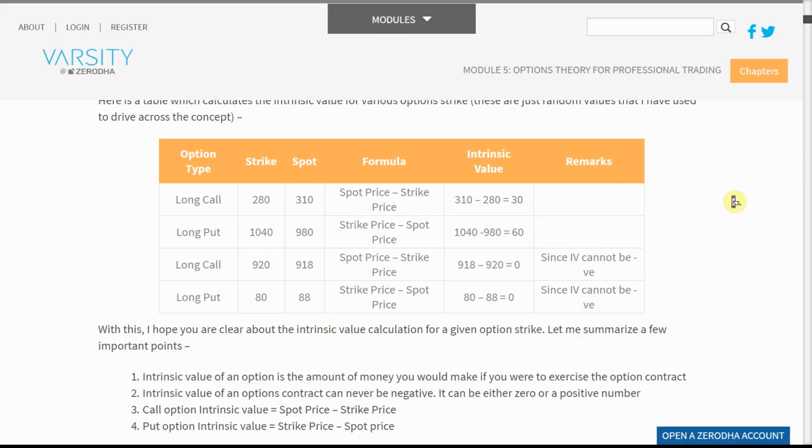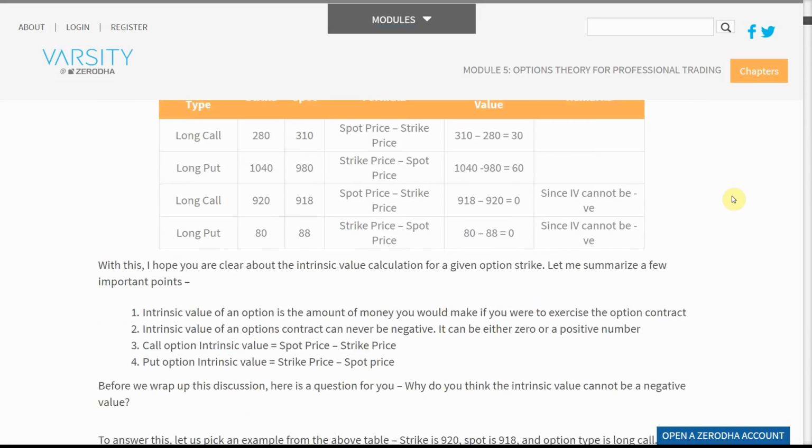Long put, 1040, 980, strike price minus spot price, 1040 minus 980 equals 60. Long call, 920, 918, spot price minus strike price, 918 minus 920 equals 0 since IV cannot be negative. Long put, 80, 88, strike price minus spot price, 80 minus 88 equals 0 since IV cannot be negative.